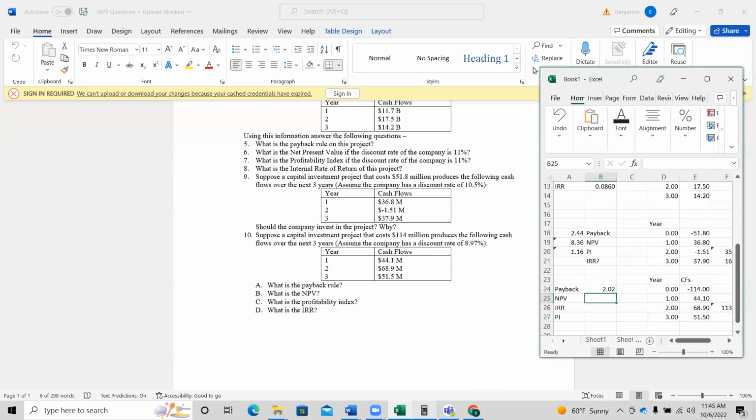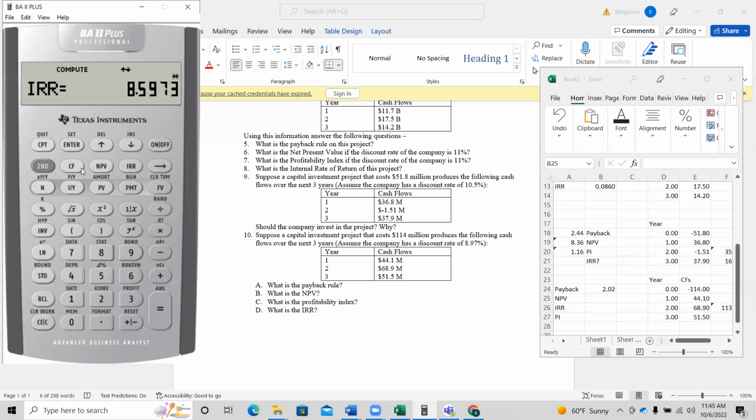To calculate net present value, I'm going to use a financial calculator this time just to mix it up. I'm going to enter my cash flow worksheet, 114 million negative outflow. I'm going to enter that in year 0. My cash flow in year 1 is 44.1.